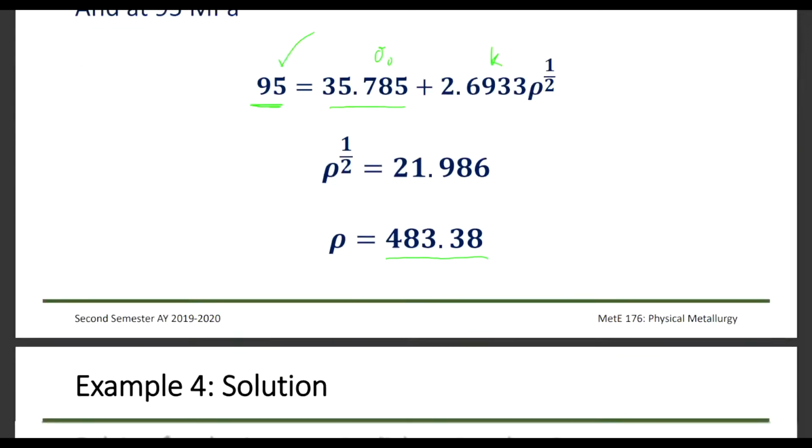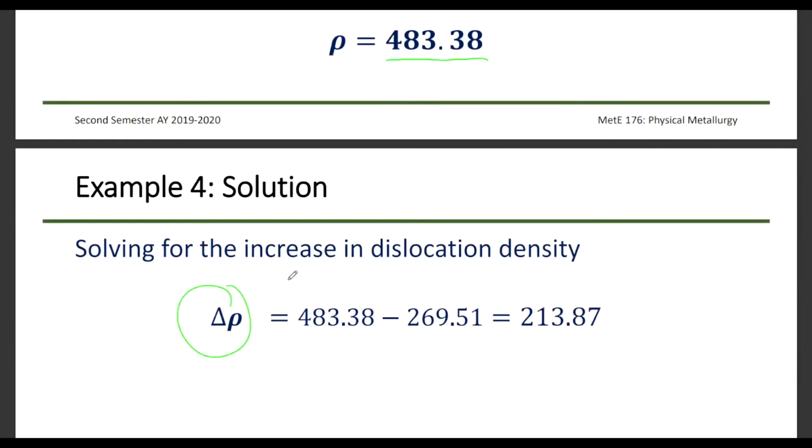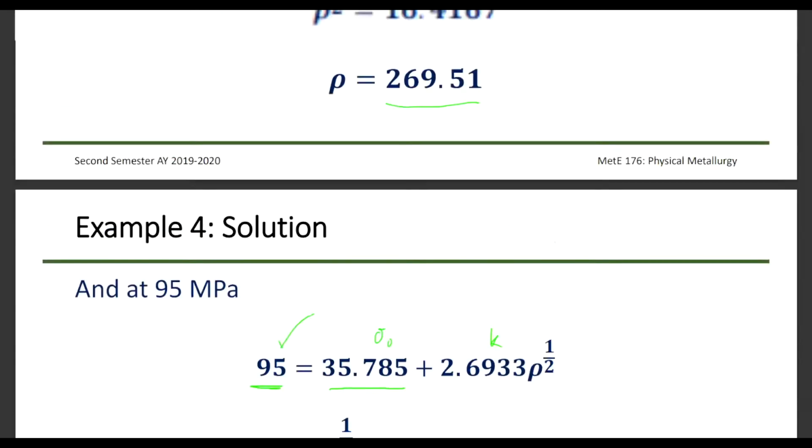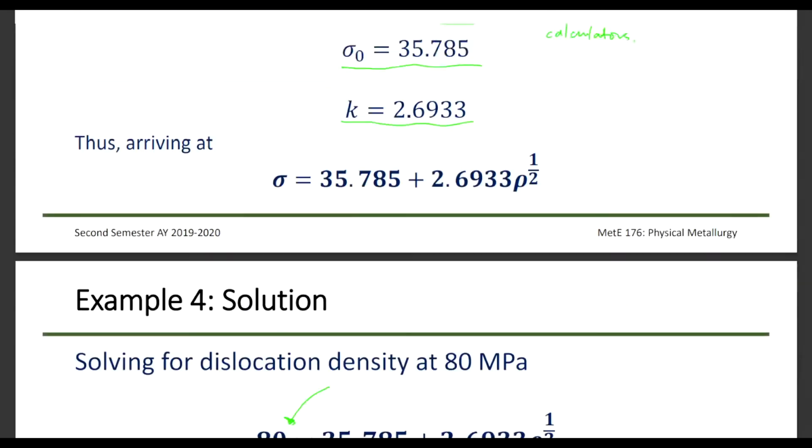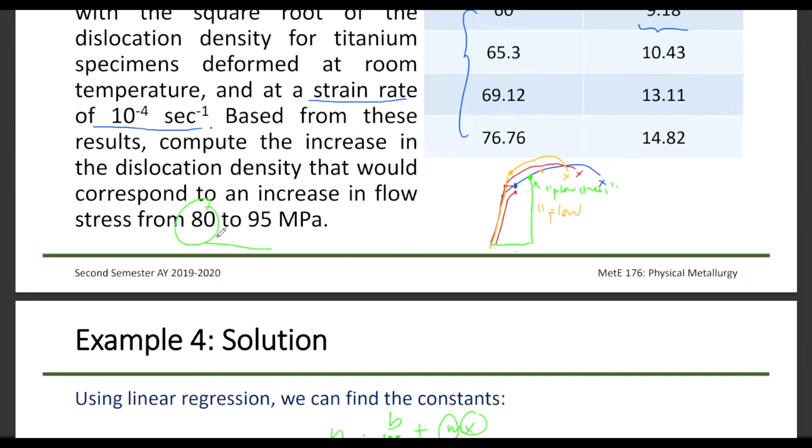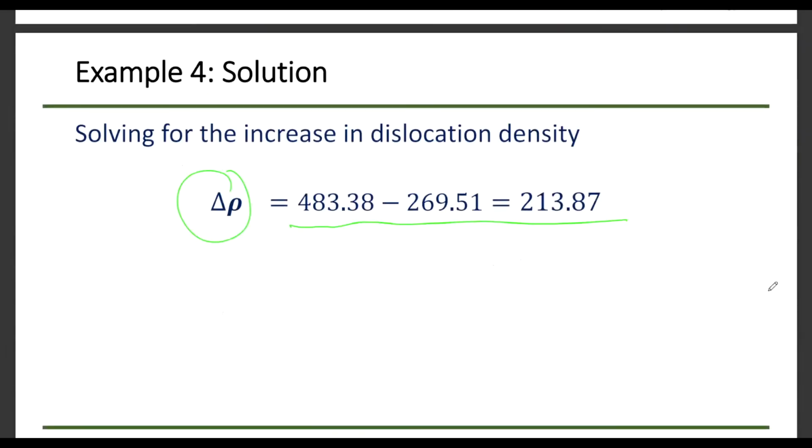So after we know the dislocation density, kaya na natin makompute yung delta rho niya, which is the increase in the dislocation density. So interpretation ng sagot na to is that in order for you to achieve an increase in flow stress from 85 to 90, kailangan mag-jump yung dislocation density mo from 269 to 483.